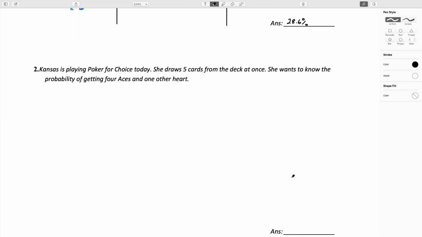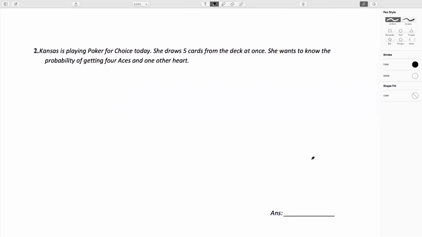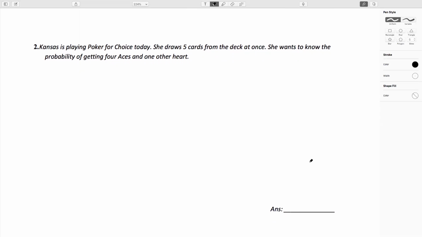Kansas is playing poker for choice today. She draws 5 cards from the deck at once. She wants to know the probability of getting 4 aces and 1 other heart. So we have 5 cards to pick, so n is going to be 5.